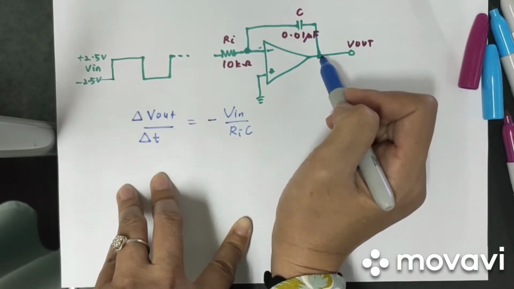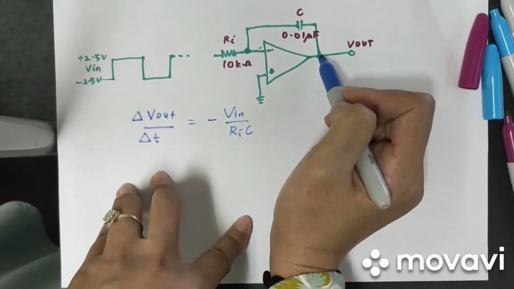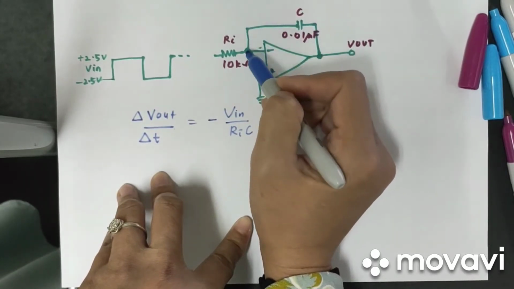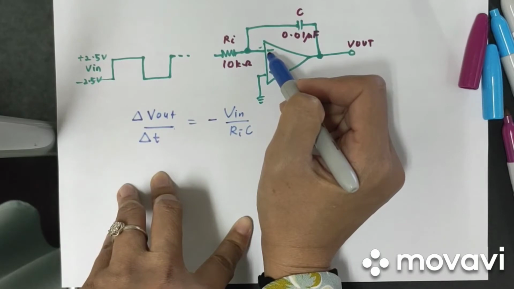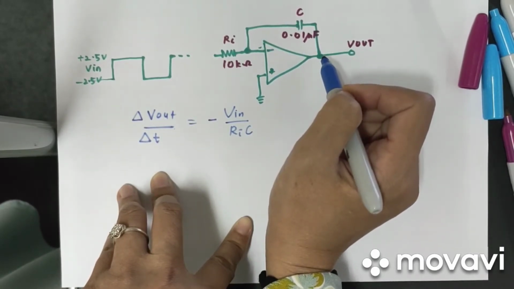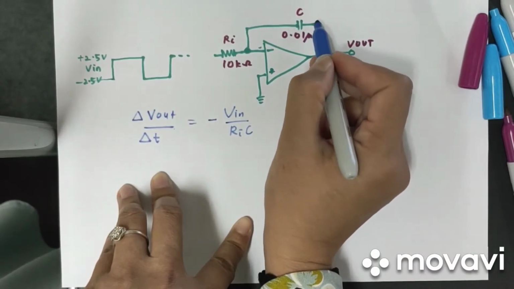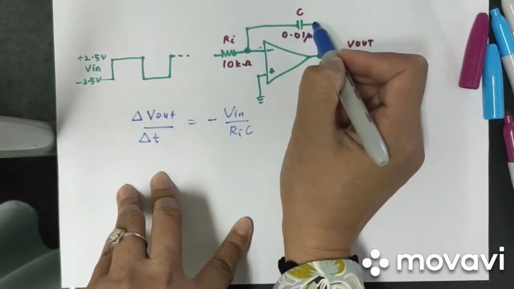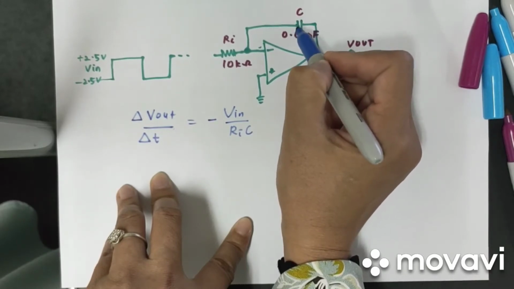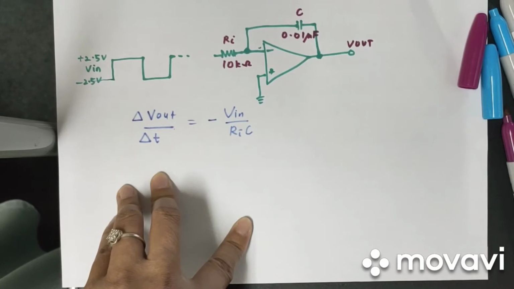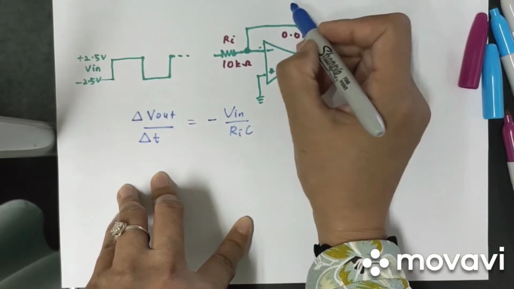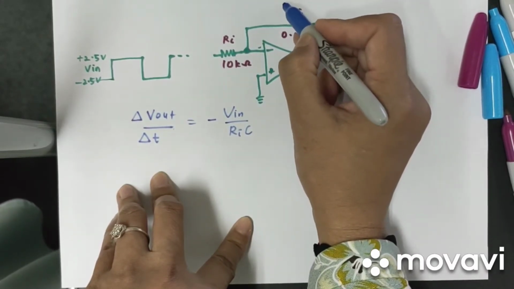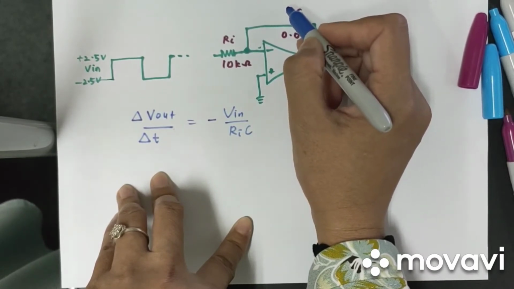For the ideal integrator amplifier, there will be a feedback capacitor from the output to the inverting input, whereas for the practical integrator, there will be a resistor connected in parallel with this capacitor, and that resistor is called RF, the feedback resistor.